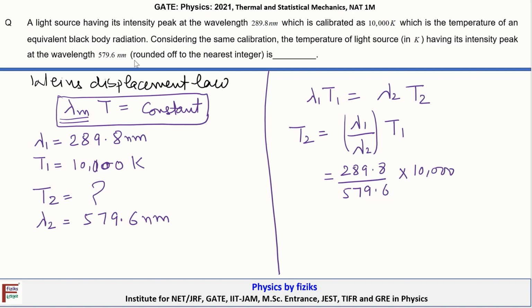After solving it, we obtain T2 as 5,000 Kelvin. So that is our answer.